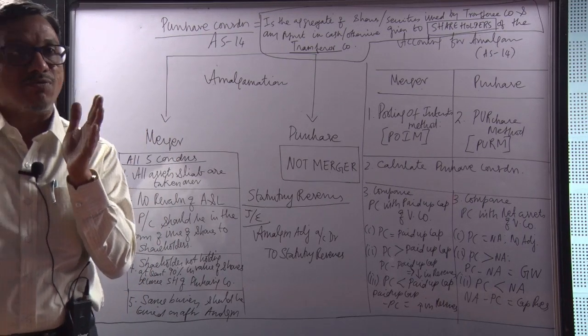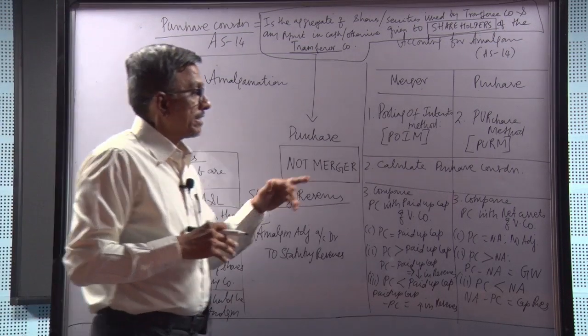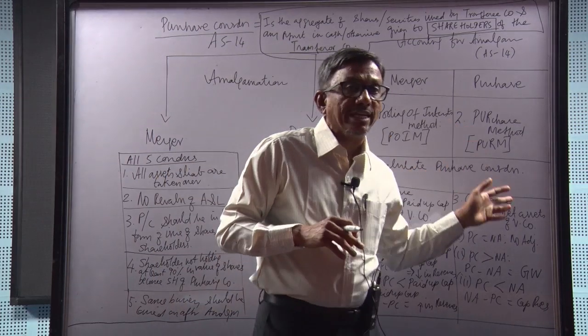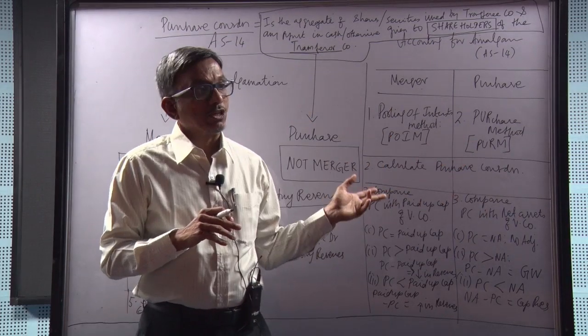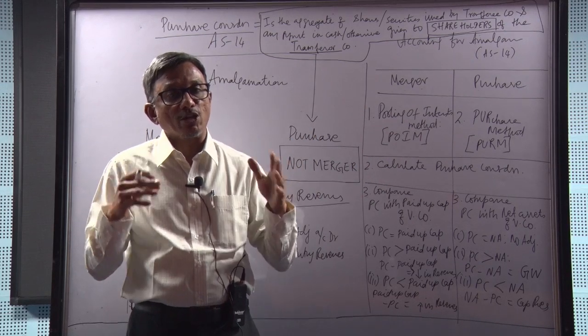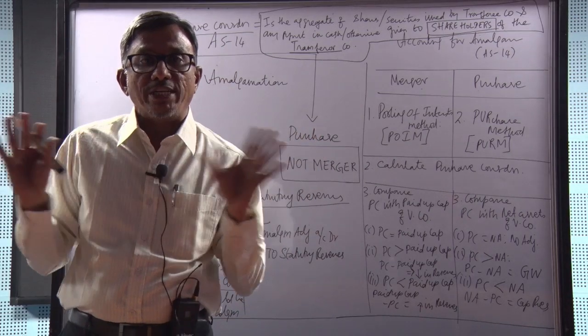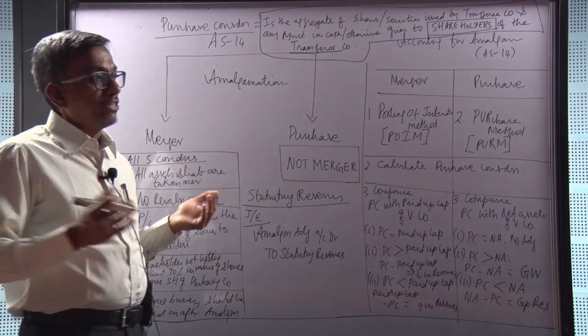So we have to be very, very clear about that. And also remember, the purchase consideration will not change because it is merger or purchase. You understand? Whether the amalgamation is in the nature of merger or purchase, the consideration amount will be the same. That will not change. But what will change?